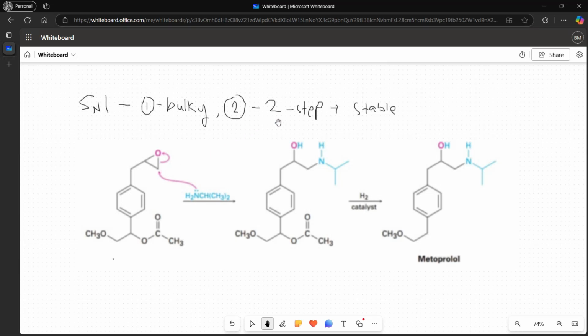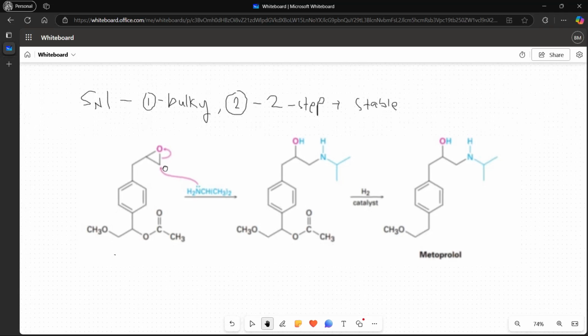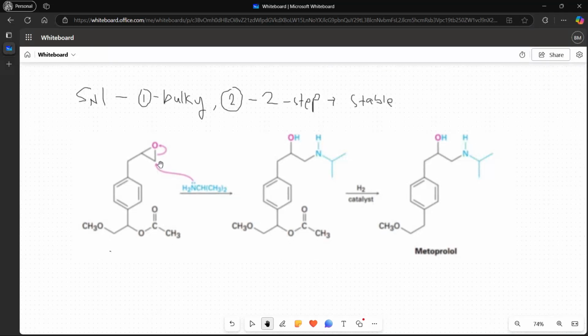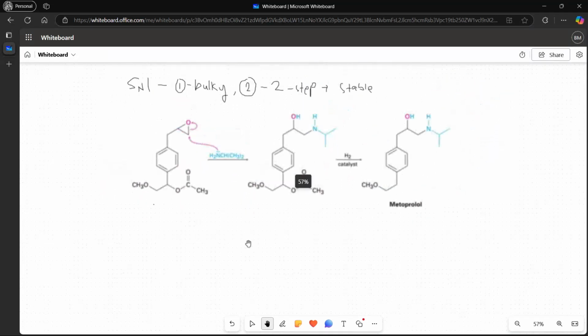It's two-step, and then it regains its stability. Usually, as I said earlier, for epoxide opening mechanisms, it needs a nucleophile to attack the carbon on this side, which is attached to your O. Okay? So since this is a substituted carbon, it's going to do a backside attack on that one. Okay? So let's try to visualize this one.